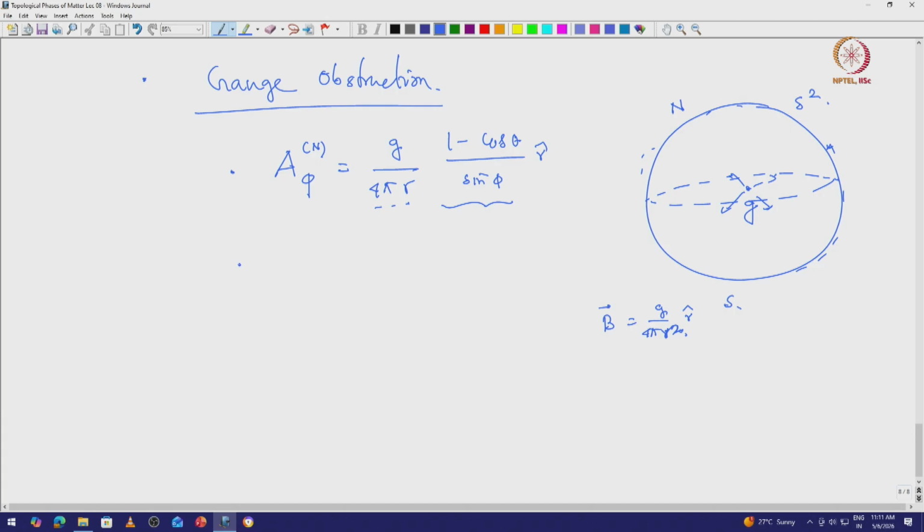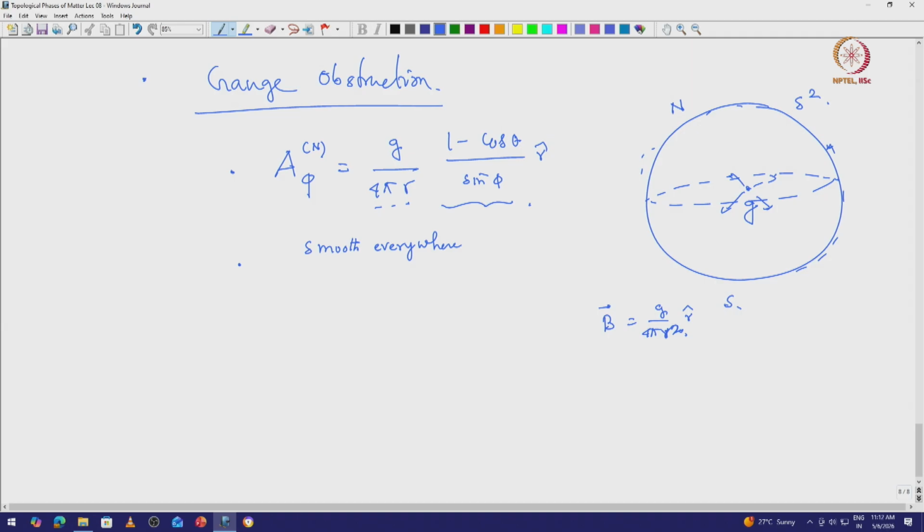So now you see that this vector potential is smooth everywhere, including at the north pole, smooth meaning differentiable everywhere, and I am not talking about r equal to 0 because r equal to 0 is the monopole anyway.